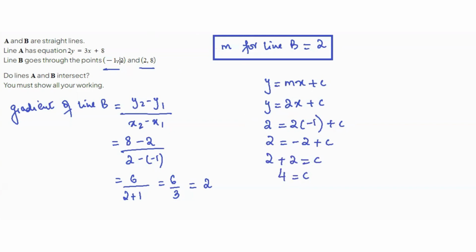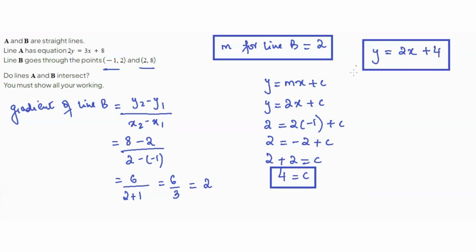If we had chosen the second set, 2, 8, we would have gotten the same answer. But since it was easy to solve with -1 and 2, I went with that. I would always suggest going for points that are easier to solve rather than having a long and tedious calculation. So that means y equals 2x plus 4. This is our equation for line B.